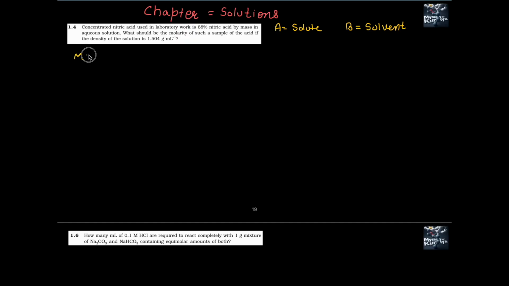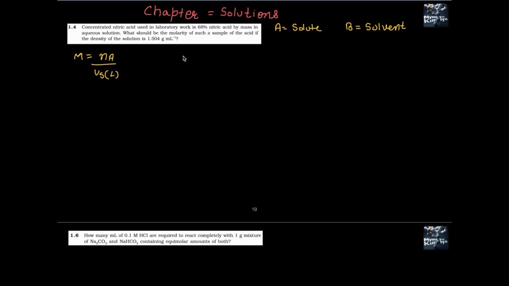The formula of molarity is moles of solute divided by volume of solution in liter. So we need to find two things to find the molarity: moles of solute and the volume of solution in liter. They have given 68% nitric acid by mass.